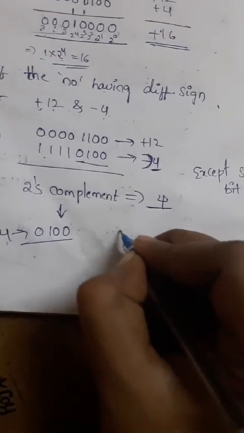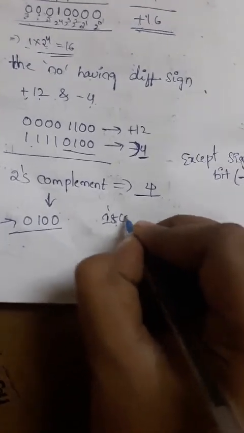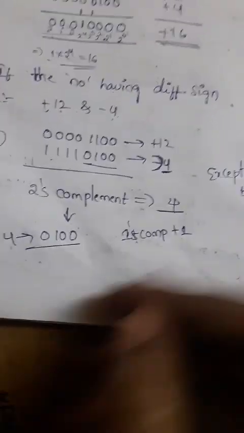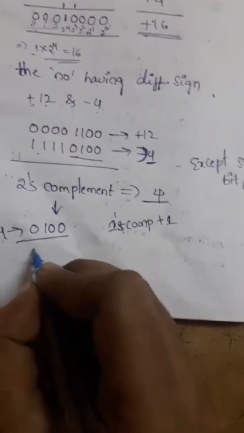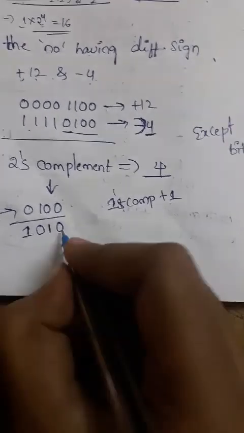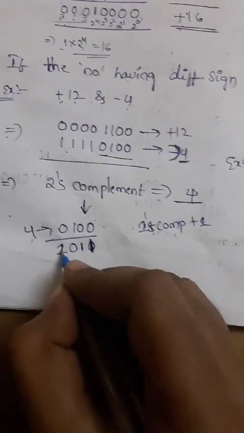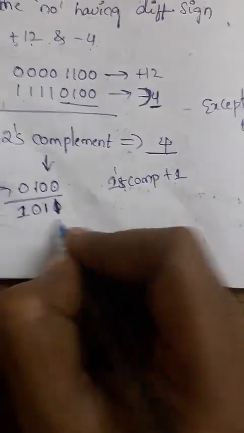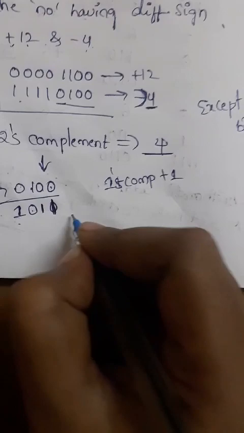How to convert to 2's complement? 1's complement plus 1. This is the formula, right? To get the 1's complement, replace 0 with 1 and 1 with 0. So we get 1011.